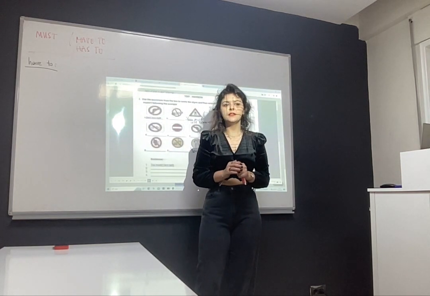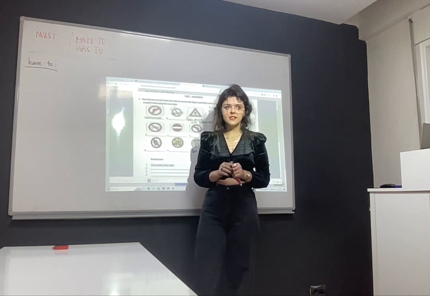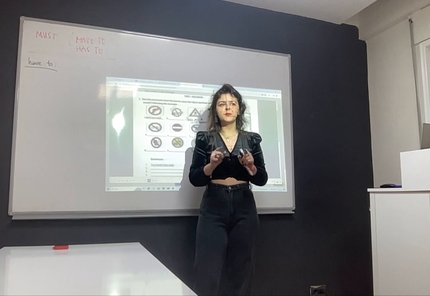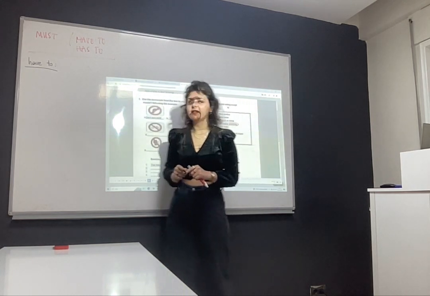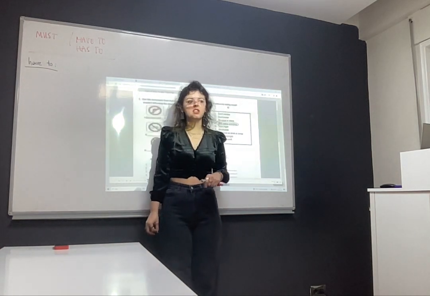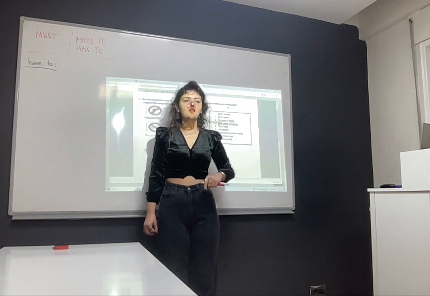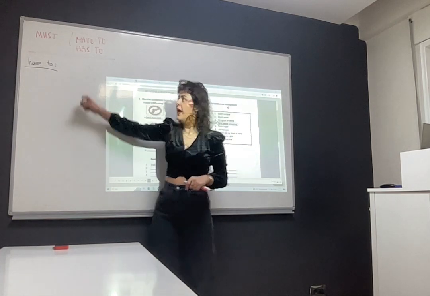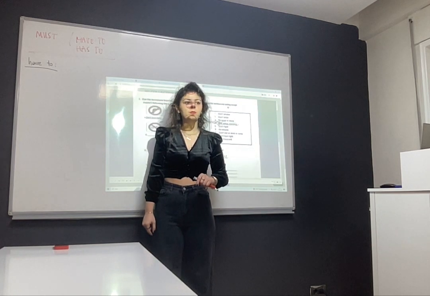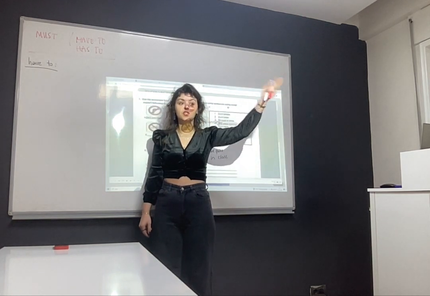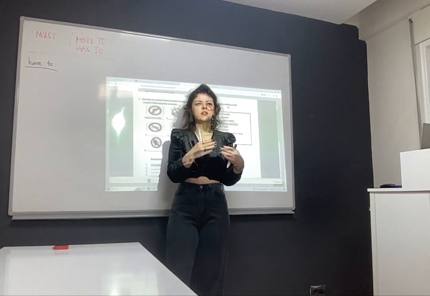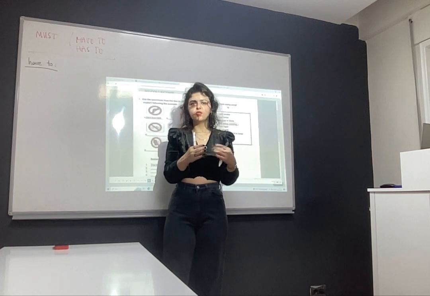Have to expresses obligation and necessity also, like must, but there is a slight difference between them. We said that must shows that the obligation and necessity come from the speaker, but in have to, the obligation and necessity come from outside, okay? Outside. We can think of rules, merely.